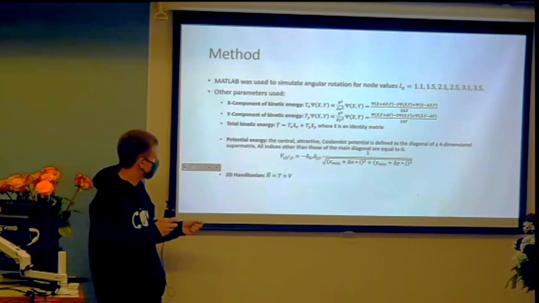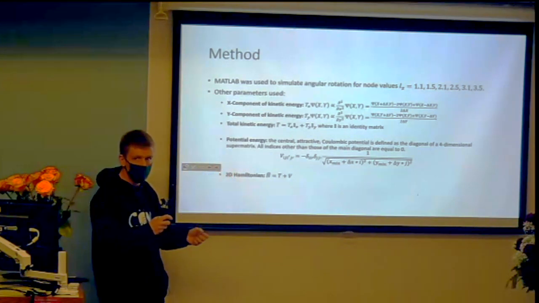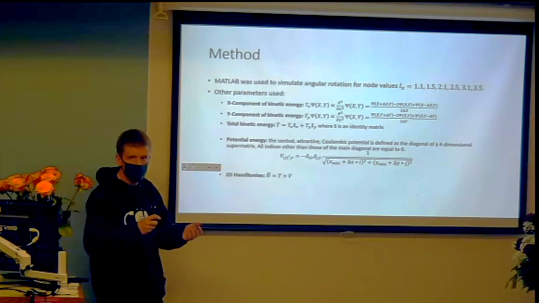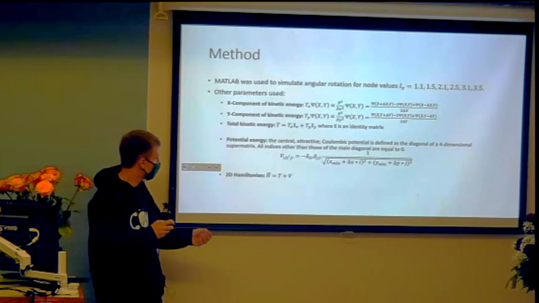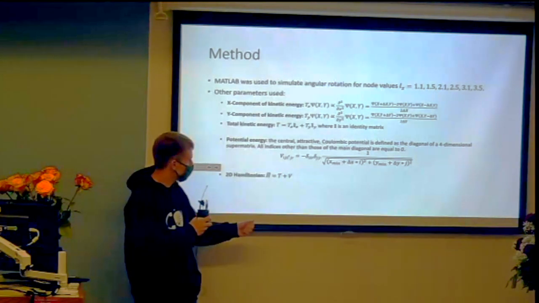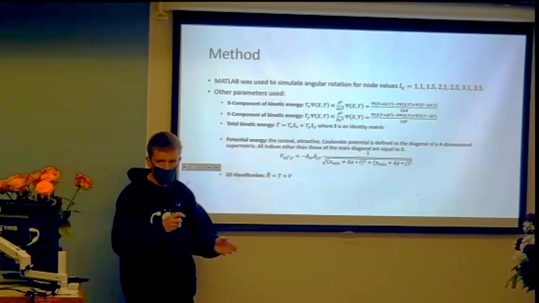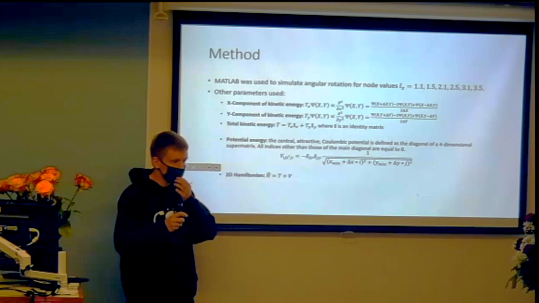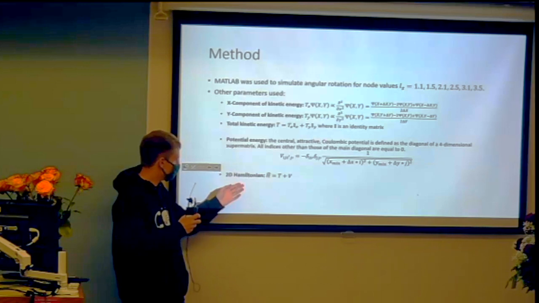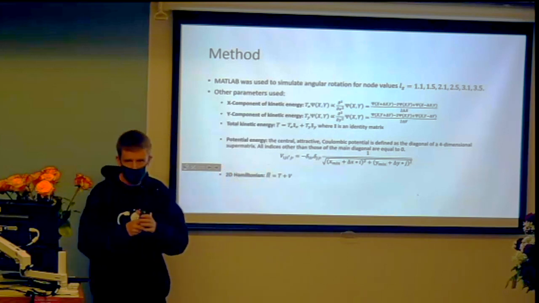With that in mind, we can then define potential energy as central, attractive, and Coulombic as a four-dimensional supermatrix defined by indices I, J, I prime, J prime, and that is equal to, basically it's defined along the diagonal, where if the indices are not equal to each other, then the value is 0, which means that our Hamiltonian superoperator will be equal to the kinetic energy if the indices are not equal to each other.